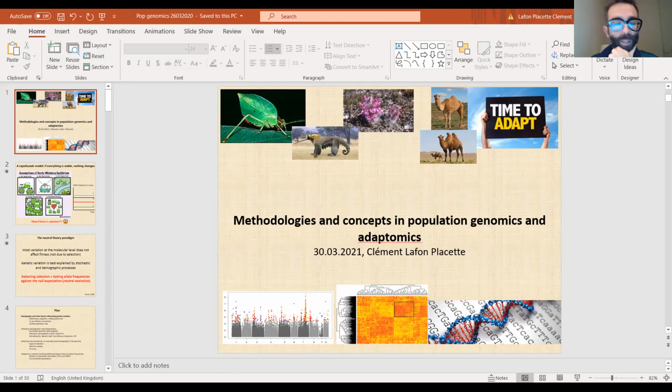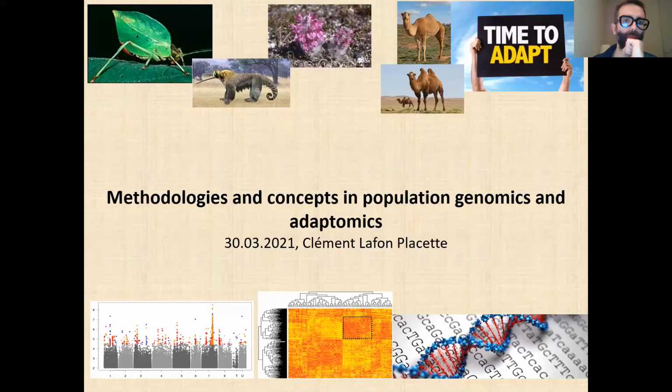We can do it at the SNP level, we can do it at the gene level, we can do it at the whole genome level. So the genomic era has really been real progress in adaptomics. So let's do it.